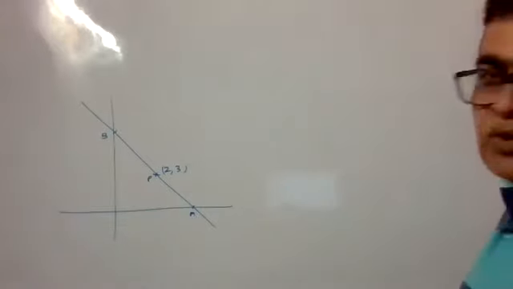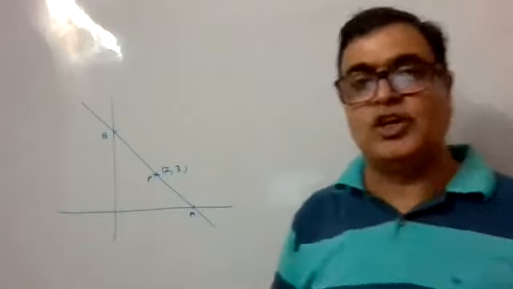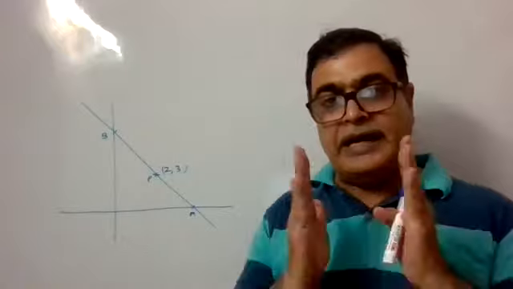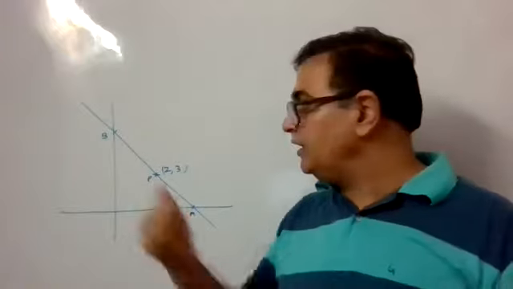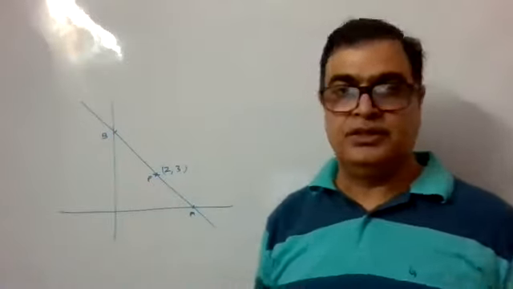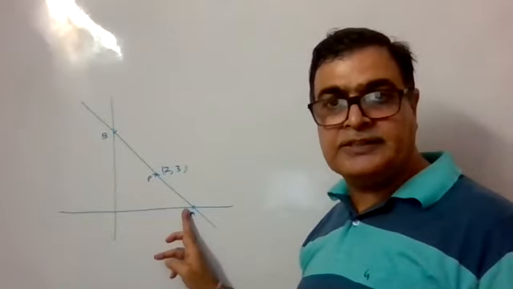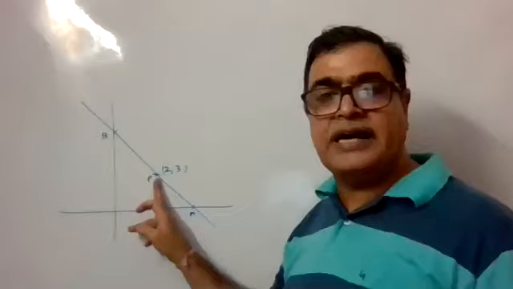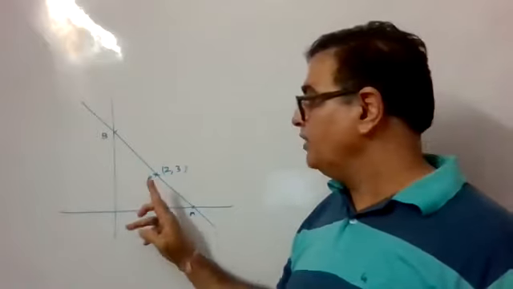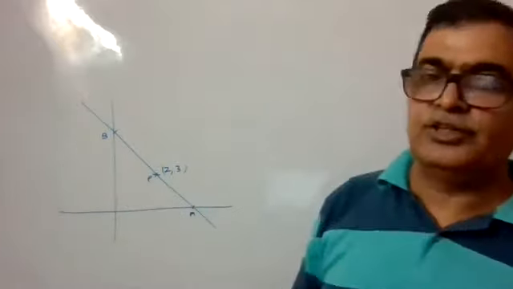Question is find the equation of line which passes through 2 comma 3 and the portion intercepted between the coordinate axis is bisected at this point. This is the intercept you have between the coordinate axis, and where it is bisected, at this point it will be the midpoint. So this point 2 comma 3 is the midpoint we have.